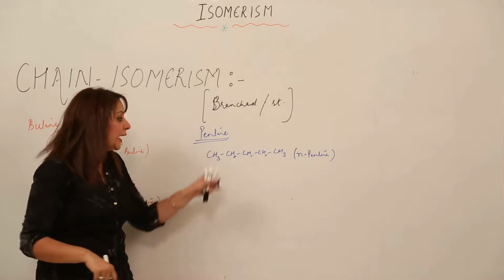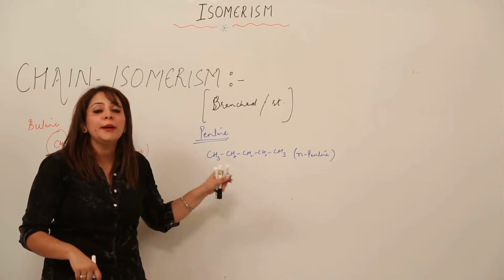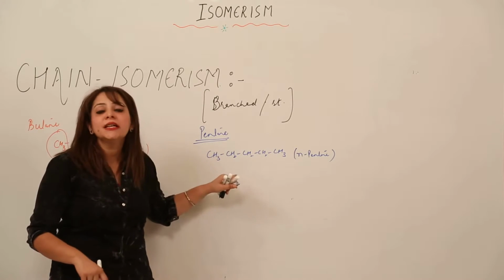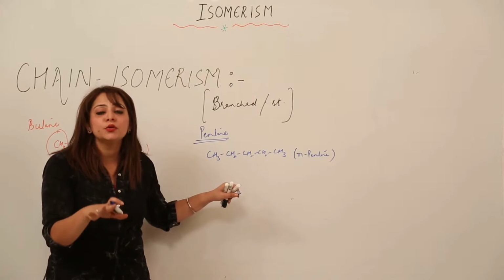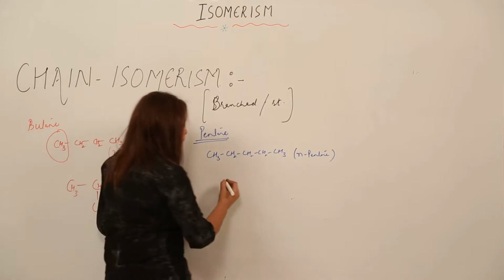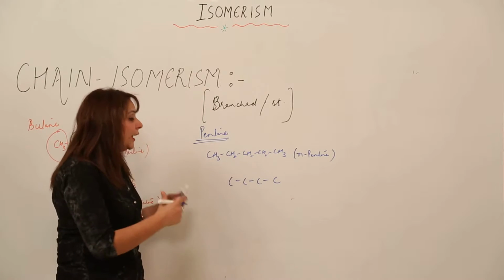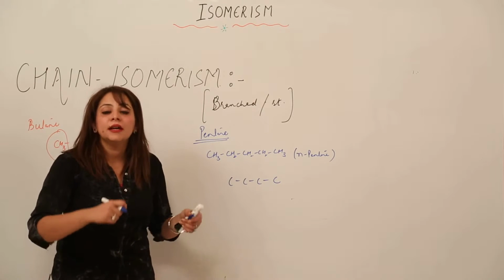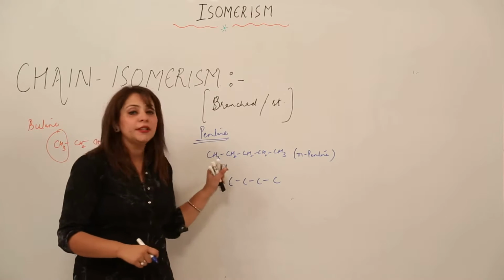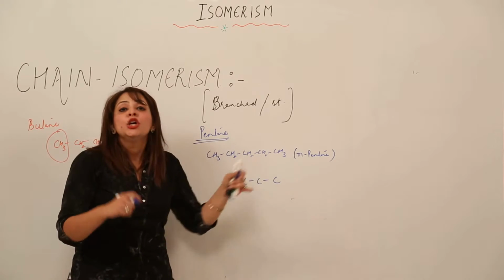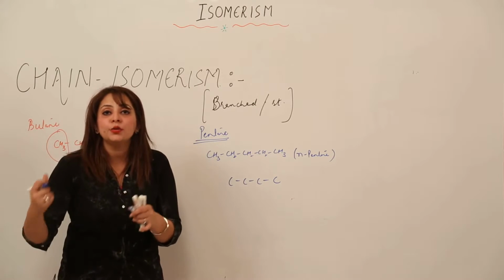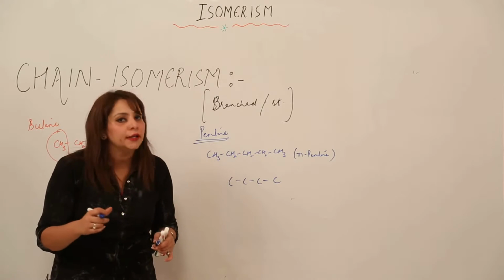If I wish to make an isomer of it, then what am I going to do? Initially the chain consists of 5 carbons, so I am going to reduce it to 4 carbons, right? So I have a chain of 4 carbons now. Now what am I going to do with the 5th one? I am going to shift the CH3 from the terminal position and attach it to any carbon which is present at a non-terminal position.